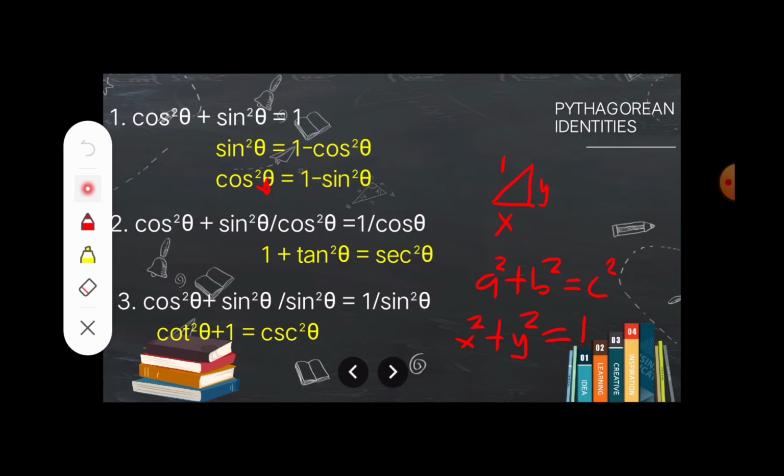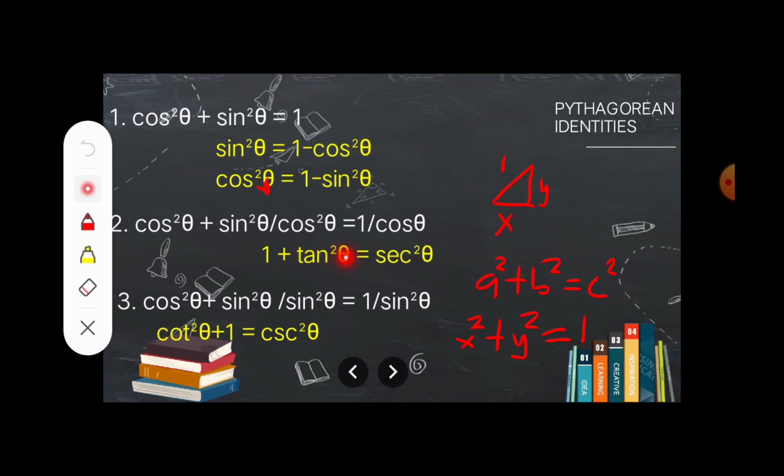From our first identity, cosine squared theta plus sine squared theta is equal to 1, if we are going to divide by cosine squared theta, that will give us cosine squared theta divided by cosine squared theta is equal to 1, plus sine squared theta over cosine squared theta, that is equal to tangent.